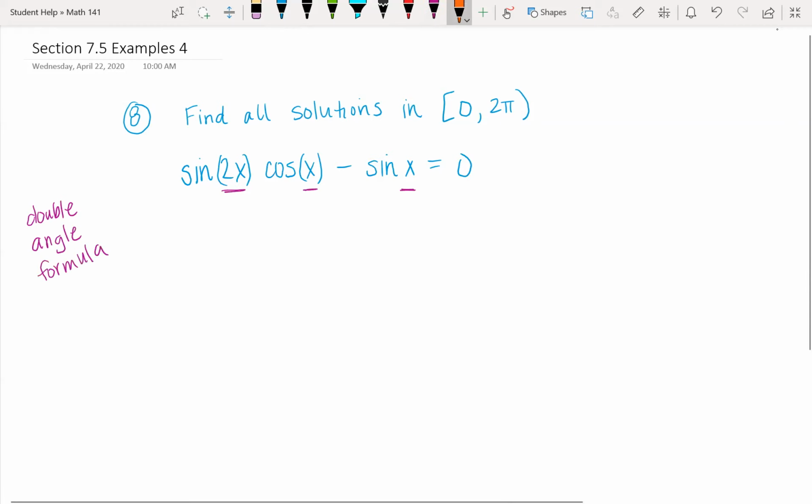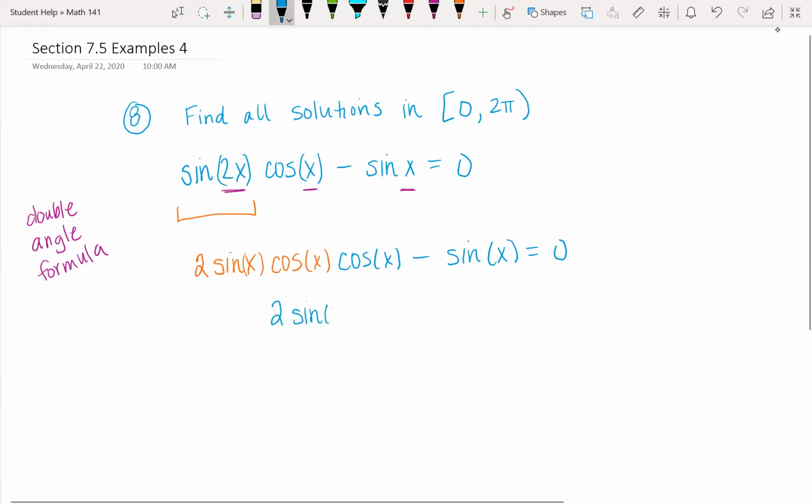We're going to switch this into 2 times the sine of x times the cosine of x, and then we'll still have multiplied by the cosine of x minus the sine of x equals 0. This is 2 sine of x times cosine squared of x, cosine times cosine.